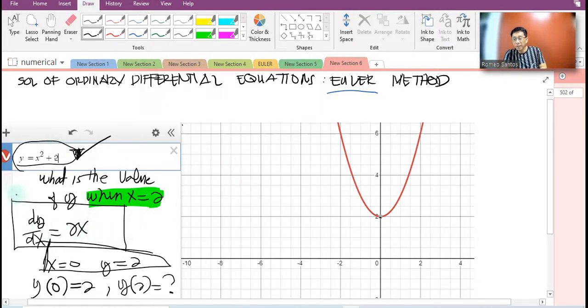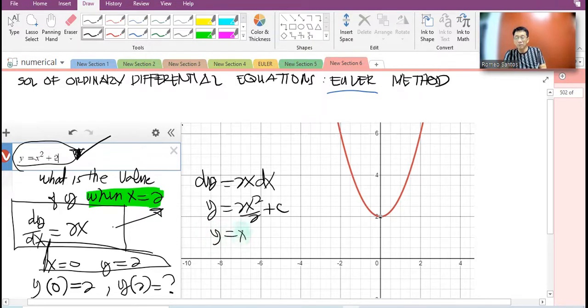So, from here, dapat may balik natin dito. So, paano ginagawa natin? dy is equals 2x dx. Iso-solve natin. Okay, yung equation niya. Sa ordinary solution to. Of course, we integrate both sides. This is y. This is 2x squared over 2 plus c. Okay, so y is equal to x squared plus c. Now, yung initial condition, that is when x is 0, y is 2.